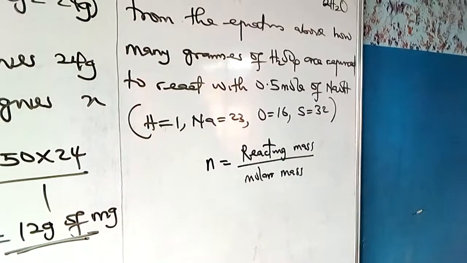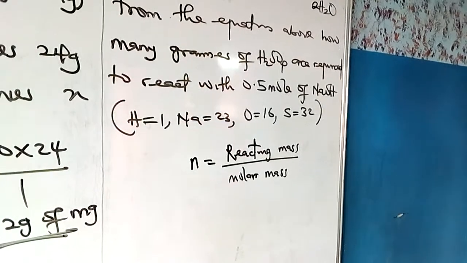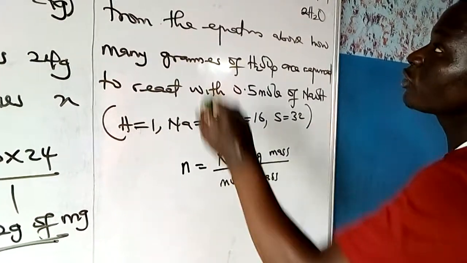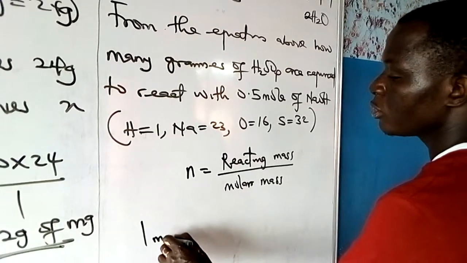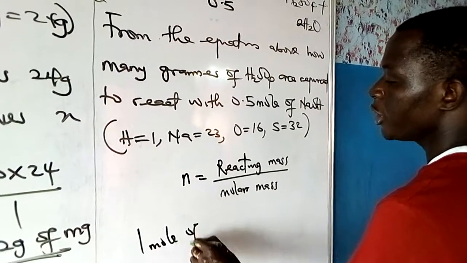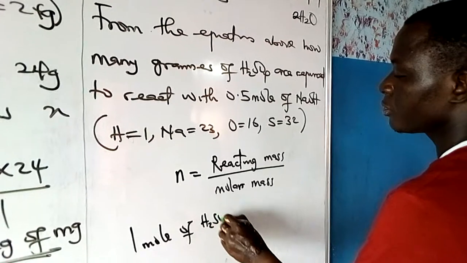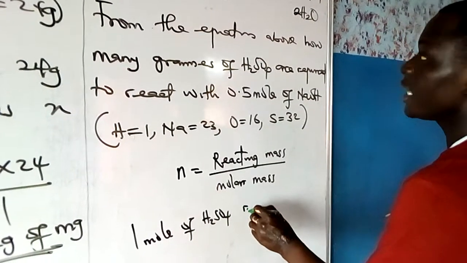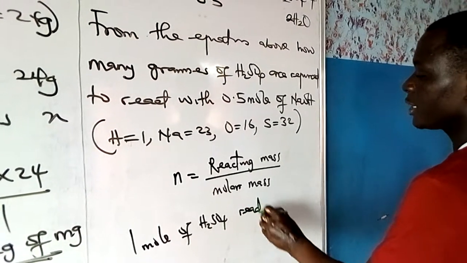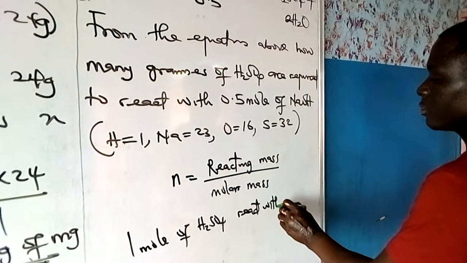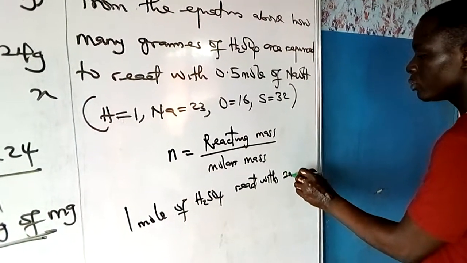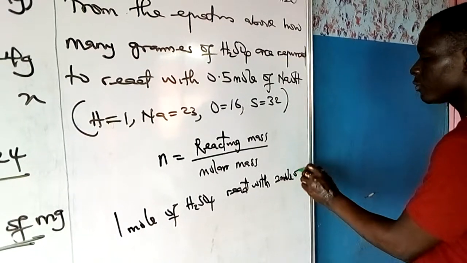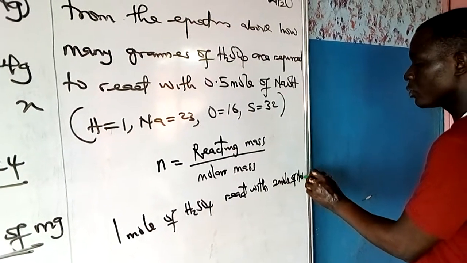Before you react it, first what you are going to do is that 1 mole of H2SO4 reacts with 2 mole of NaOH.